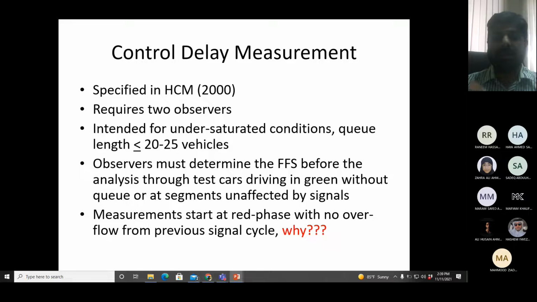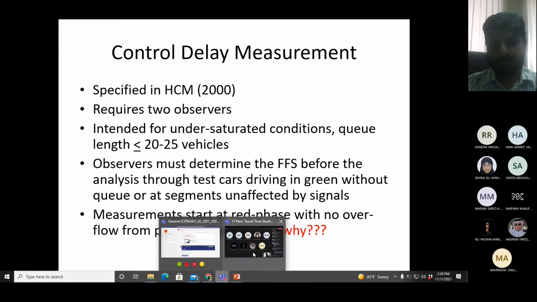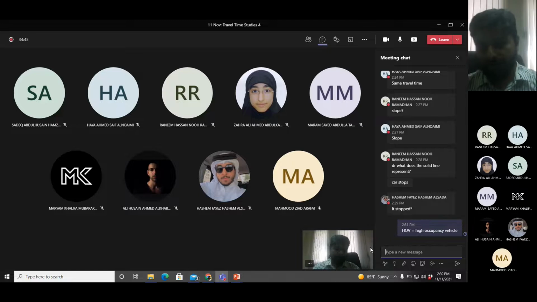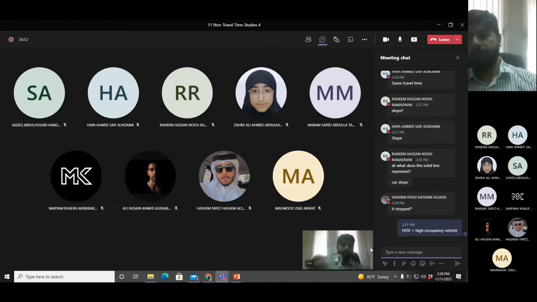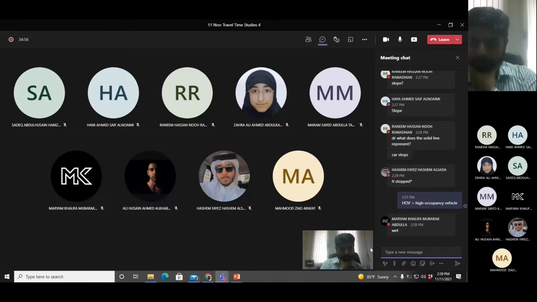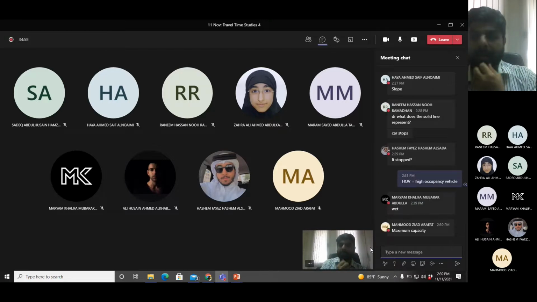Undersaturated conditions. Now, can someone tell me the meaning of saturated? If I say this thing is saturated or this cup is saturated, what does it mean? Okay, saturated means what? Capacity, right?